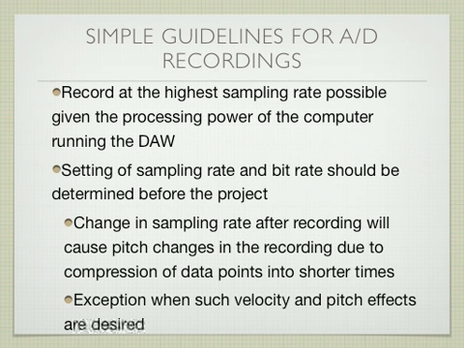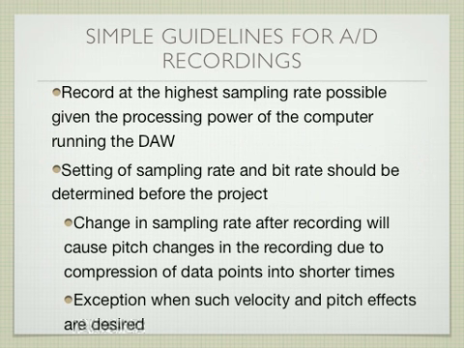Another thing to note is that the setting of your sampling rate and bit rate should be determined before the project itself, as a change in the sampling rate will cause pitch changes in the recording. When you switch from 48,000 to 96,000 hertz, we compress the data points by half the time.